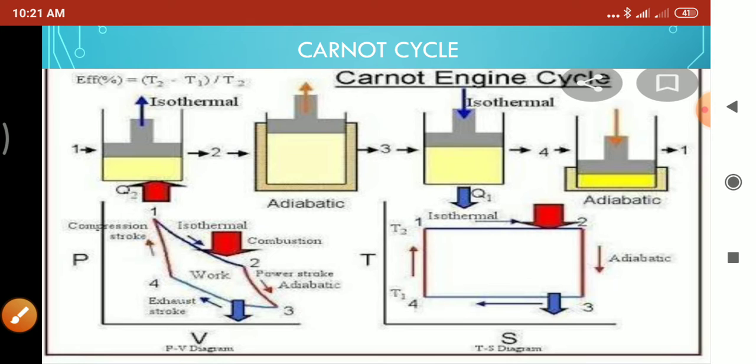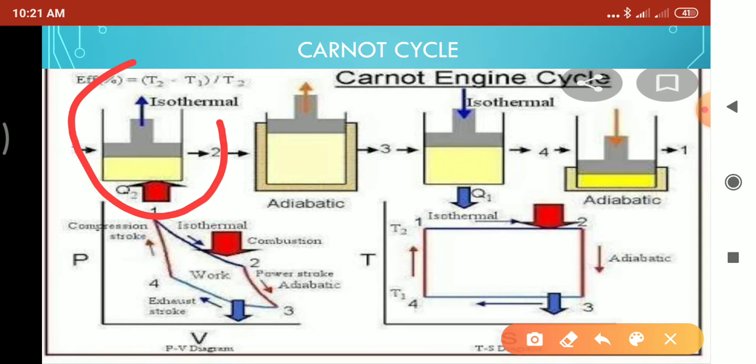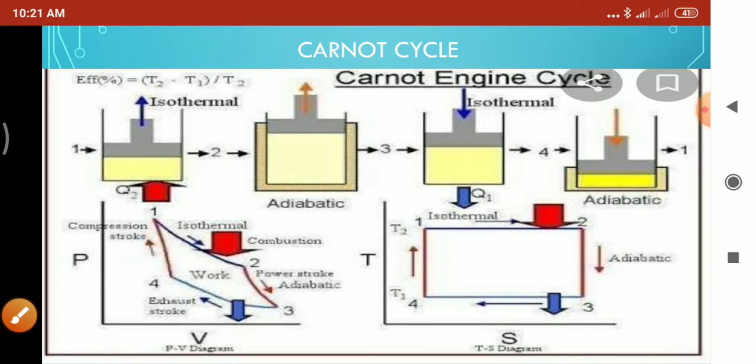Now first process is called isothermal expansion. In this, see here, this is first process. First you have to consider there is a hot body at higher temperature brought in contact with the bottom of the cylinder, means this is the cylinder.